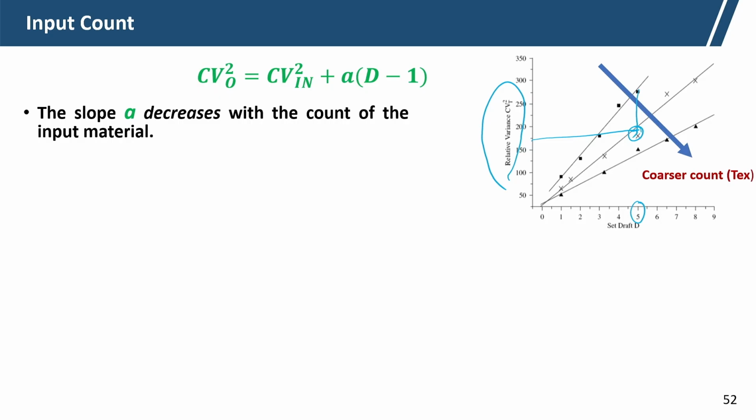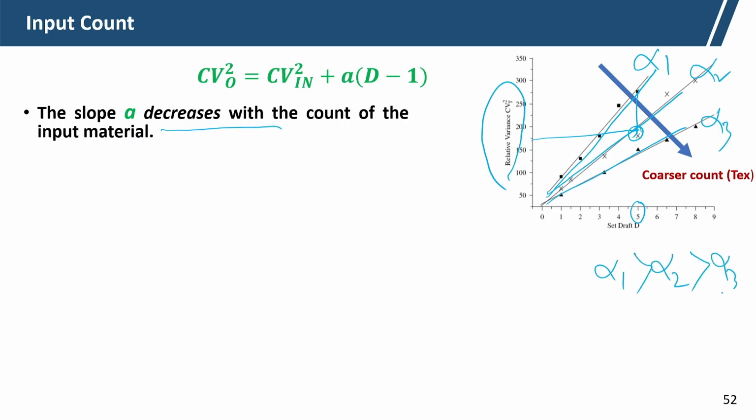So, the slope alpha decreases. Here the slope will be more, and the slope is getting reduced. So, this is alpha 1, alpha 2, alpha 3 slope. Alpha 1 is more than alpha 2, which is more than alpha 3. So, this slope is gradually decreasing.